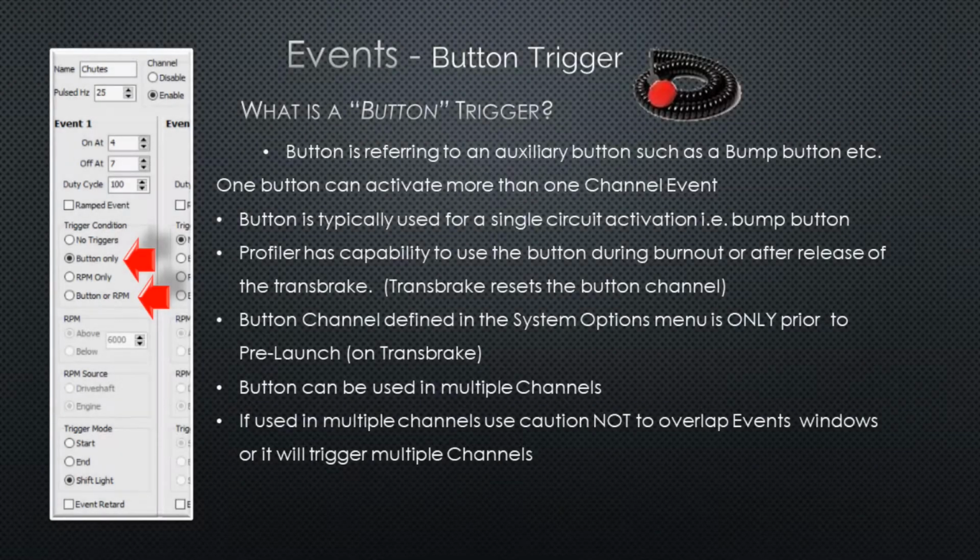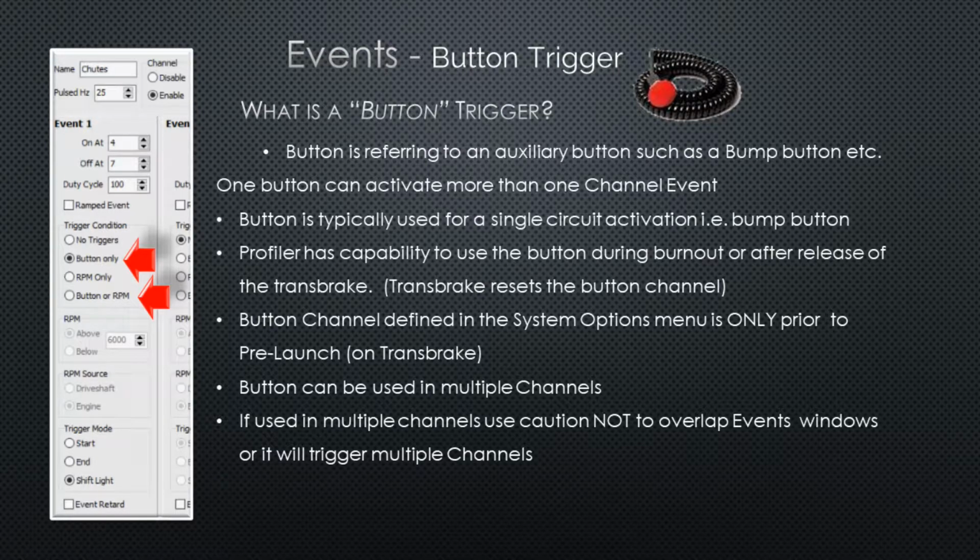Well, programming events, one of the most common questions seems to be about the button trigger. When we talk about a button, normally we're referring to the bump button. In the case of the profiler, we can use a single button to activate more than one event. A button is normally only used for a single event, such as a bump, for instance.